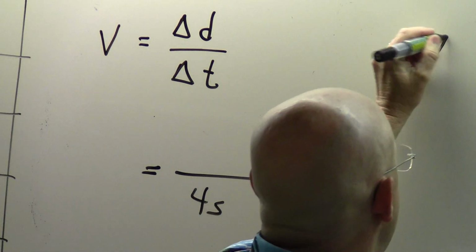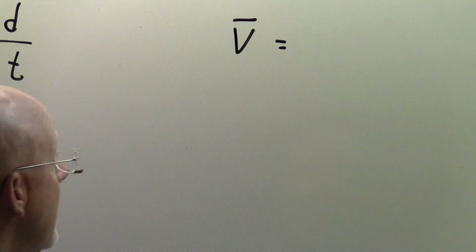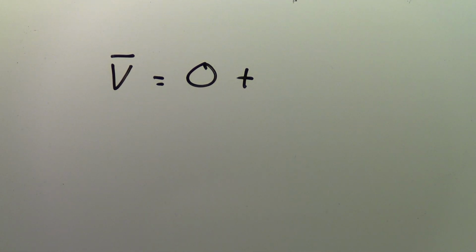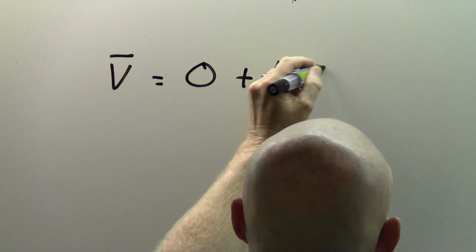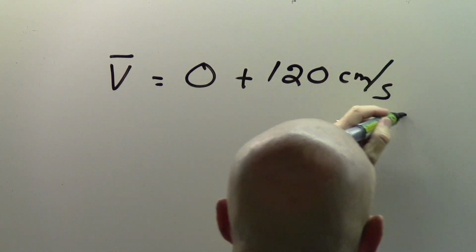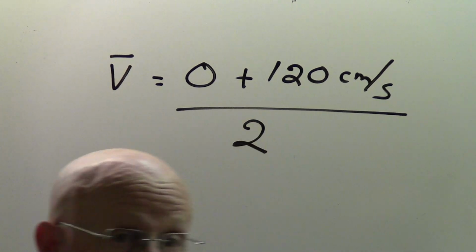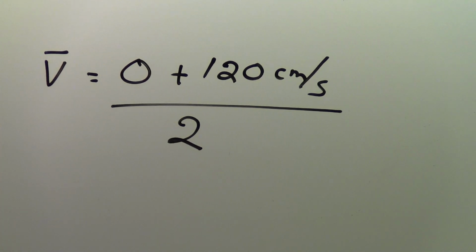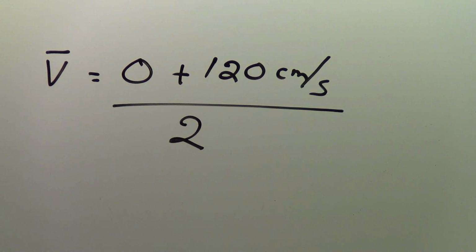So, like we did a moment ago, let me put average. And for the whole 4 seconds, we would have started at 0. And 4 seconds later, we would be going 120. So if I take those two numbers, add them together and divide by 2, right? Divide by 2 because it's an average. Add them together because, again, we're trying to get an average.